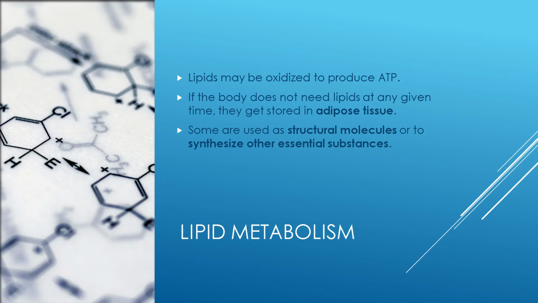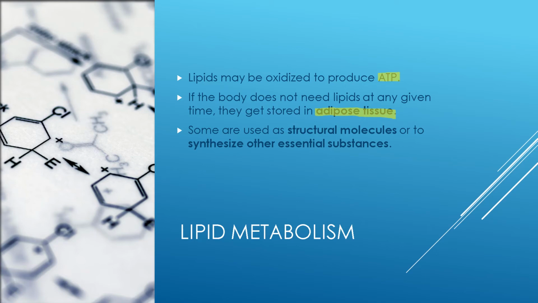So let's talk a little bit specifically about lipid metabolism. Just like carbohydrates, lipids may also be oxidized to produce ATP. If the body has no immediate need to use lipids in this way, they're going to be stored in adipose tissue or fat deposits throughout the body and even in the liver.